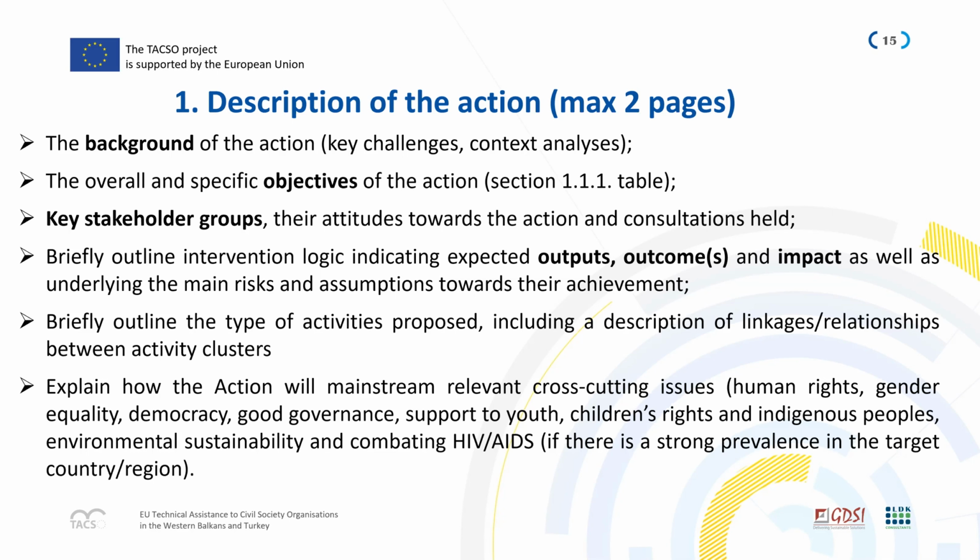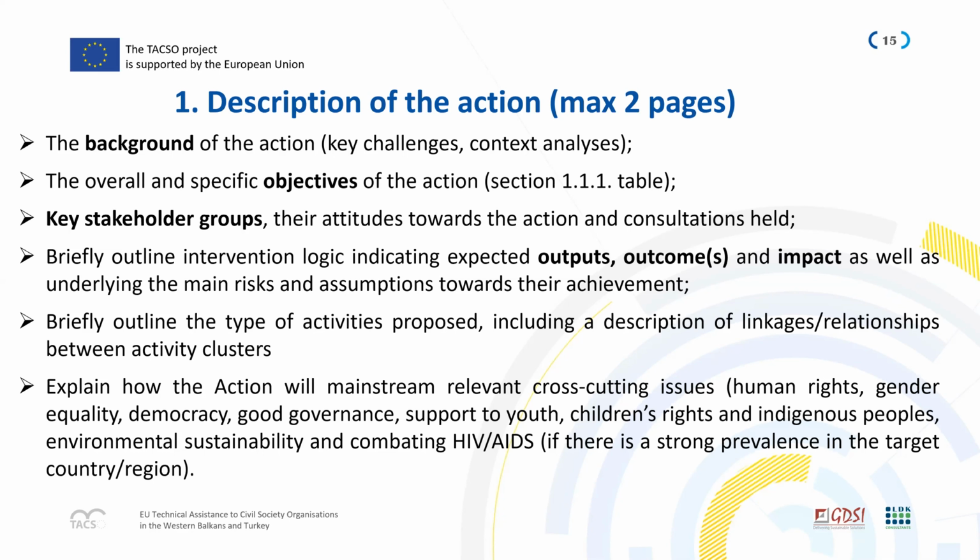And then implementation starts, and then you have a problem because institutions are not interested to cooperate with you. They're confused why you are targeting them with the project, even though they have never been consulted and such. So that's why we have a question whether consultations have been held with the stakeholders group.